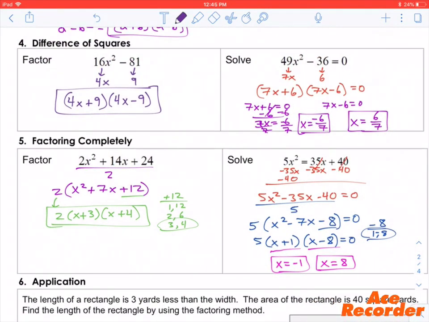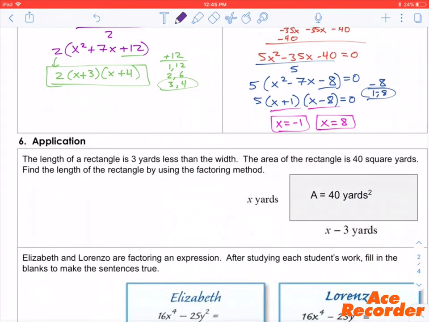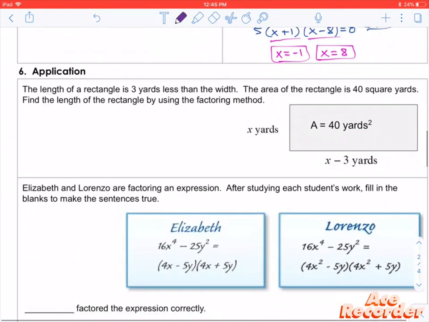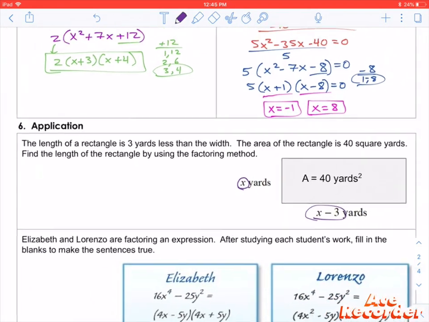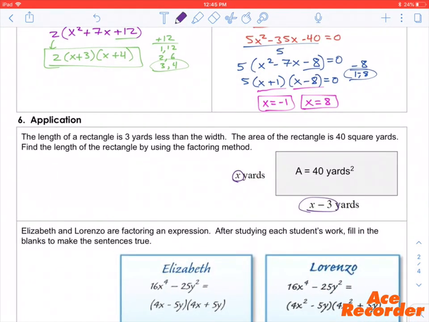So our last two, these are application problems. We might have done this in class already, but again, I want to make sure to reiterate this. Length times width. So x times x minus 3 is your length times width equals 40. So they give you an area, which is 40.